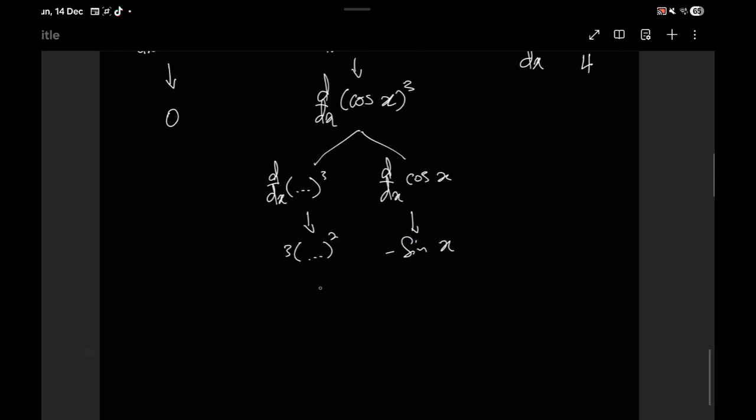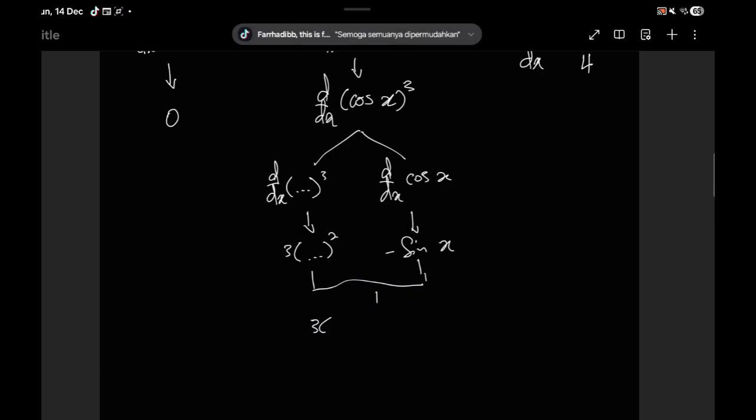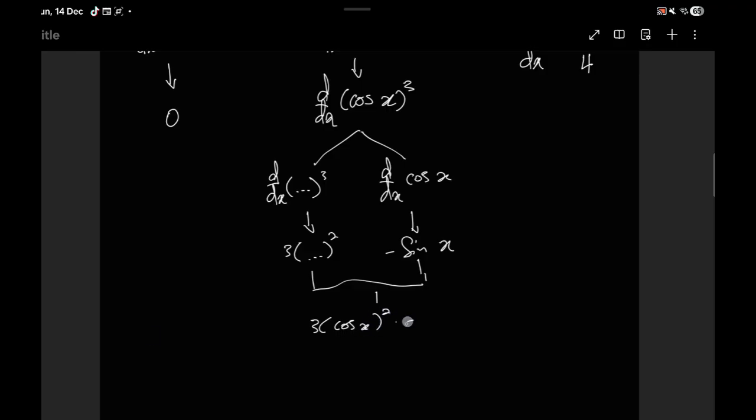Combining these two, we get 3 cos x to the power of 2 times negative sin x. So it gives us negative 3 sin x cos squared x.